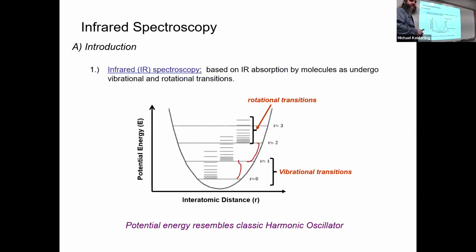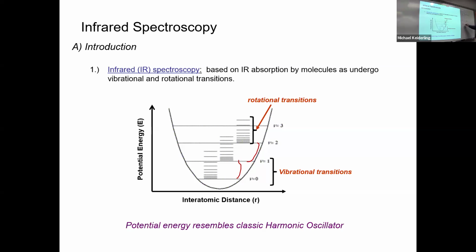So given that harmonic oscillator, the important thing is the transitions. Say the transition from 0 to 1 is going to be some ν₀ times h.